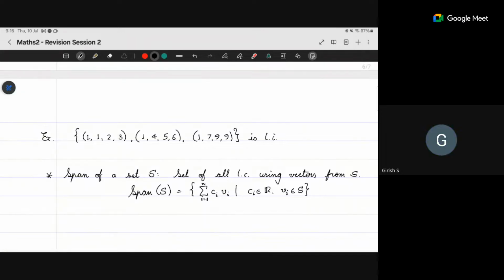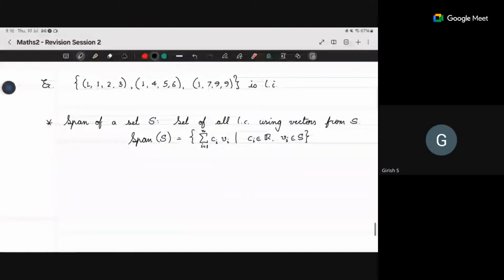Sir, one more doubt here. Say, for example, let's take one vector that is considered to be a span from the set. Is it always mandatory that it should be a part of S? Give me a specific example, maybe.